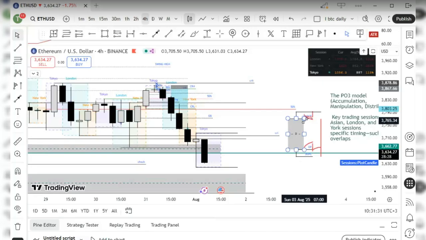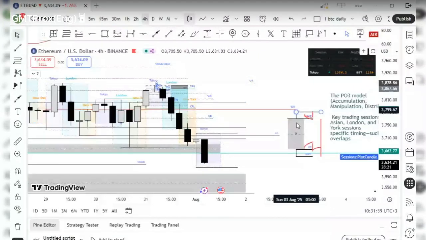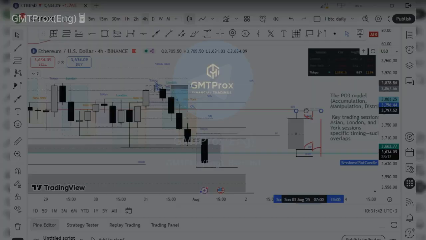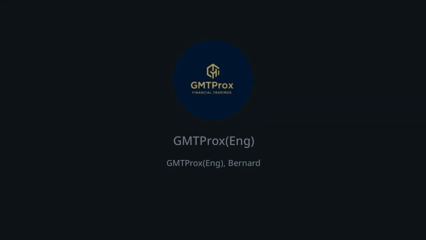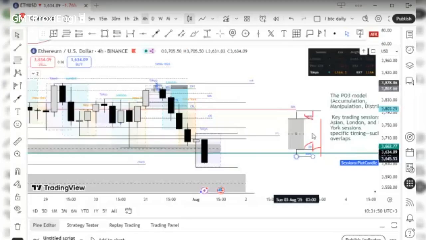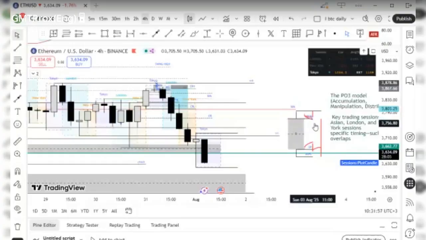Now, this is the accumulation, the power of three model. The first candlestick will give you the accumulation. The accumulation or the range means price will be traded within this range in a day.